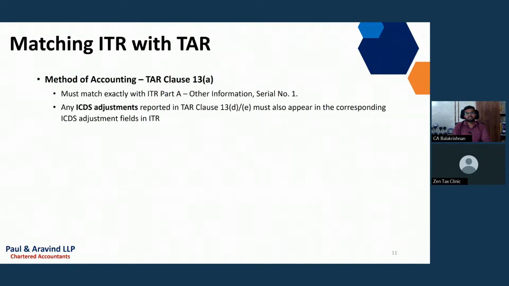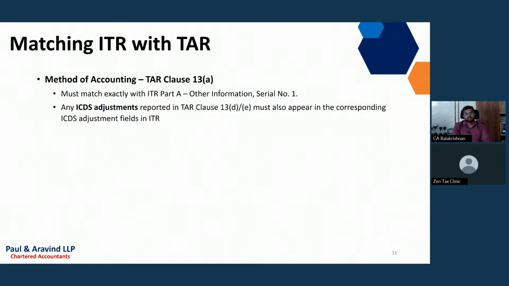And matching ITR with tax audit report. This is very much crucial because any misreporting can lead to a proposed adjustment that will be directly generated by the Centralized Processing Center. So we need to be cautious while preparing ITR. We need to ensure that every item should be matched with the tax audit report.